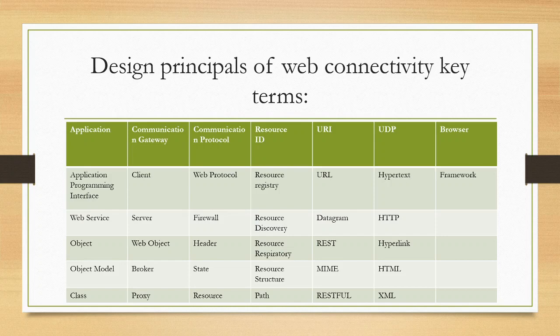MIME refers to the type of files that are widely used on the Internet by web objects, applications, and services. 30th is RESTful. It refers to one which follows REST constraints and characteristics.